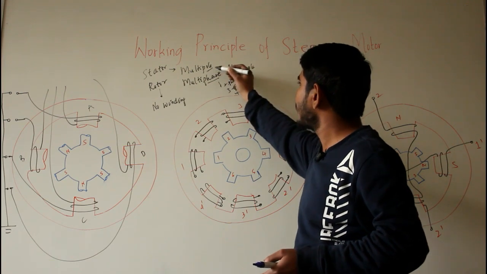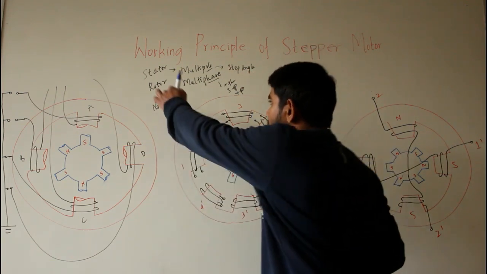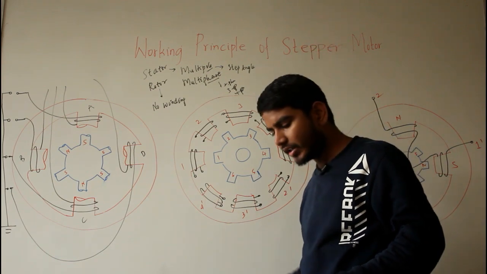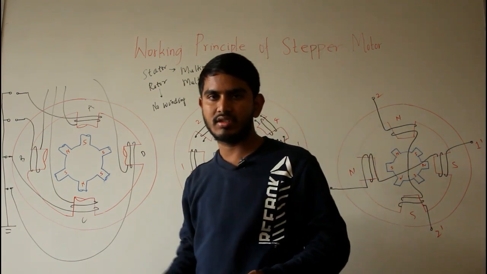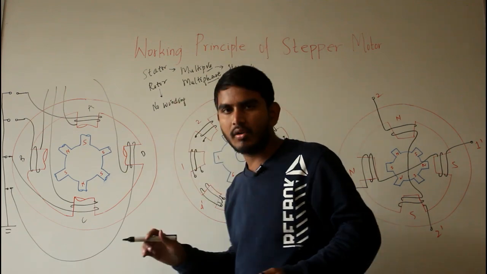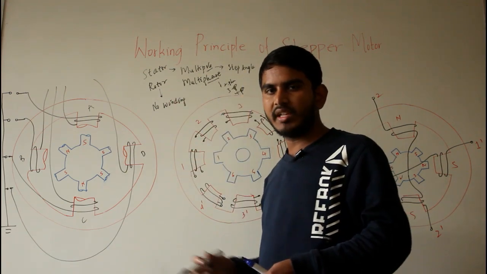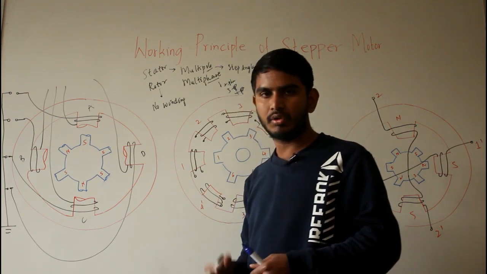So this is the multipole and multi-phase winding, and the rotor structure carries no winding, and the rotor can be of permanent magnet or it can be of variable reluctance. So these are the two categories. Now depending on the construction of the motor, these stepper motors can be classified into three types.